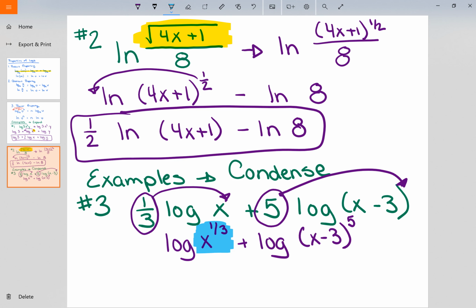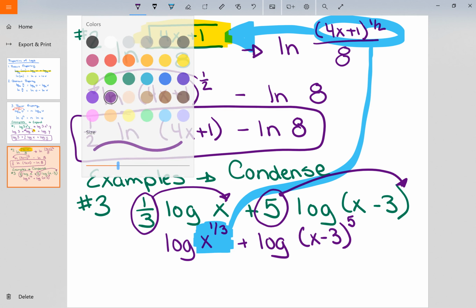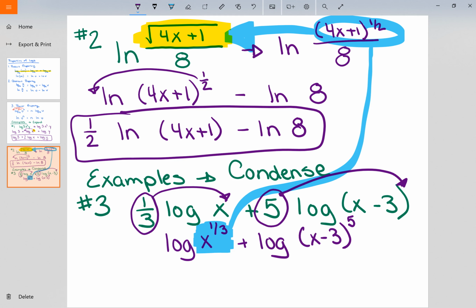So just like up here, we had to change it to this, I need you to fix it and change it back to what it should look like. So the power of a 1/3 should be cubed root. So we're going to need to change that to cube root. And since I'm running out of room on the bottom, I'm just going to do that when we take care of our addition. Addition means we multiply.